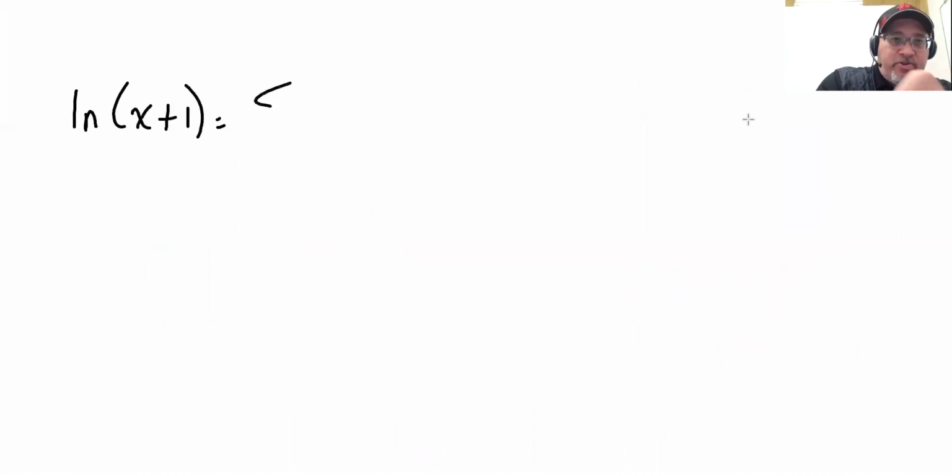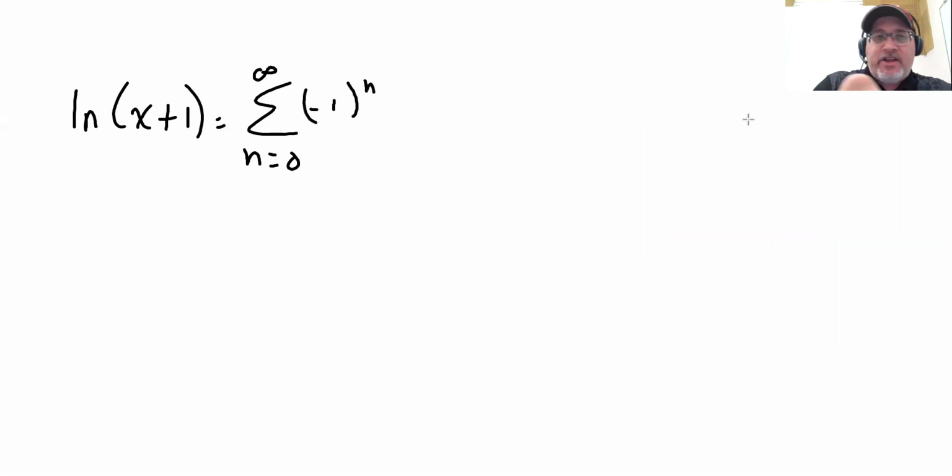All right, our sum is the sum from n equals 0 to infinity of (-1)^n times 1 over n plus 1, times x^(n+1), and then some constant. You know what? Having that constant at the end of the sum can be misleading because it might look like it's inside the sum.